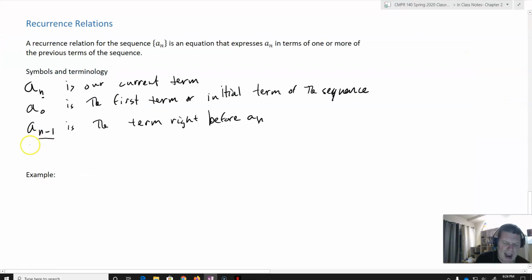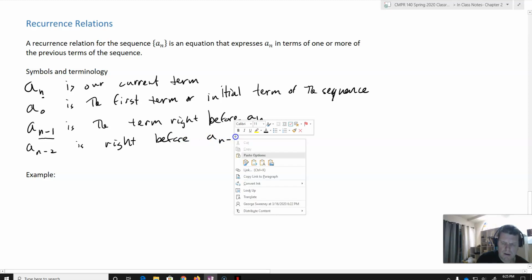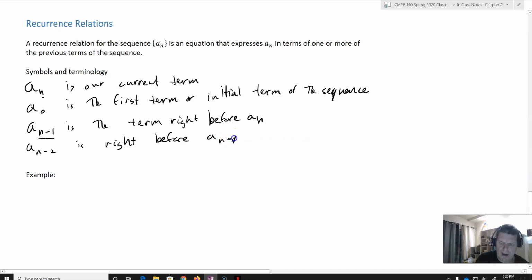Then we might say a_(n-2) is right before a_(n-1). So it's 2 away, it's 2 before a_n.